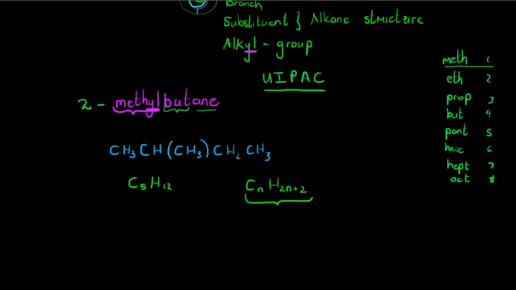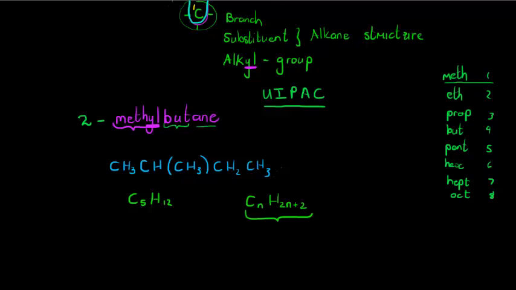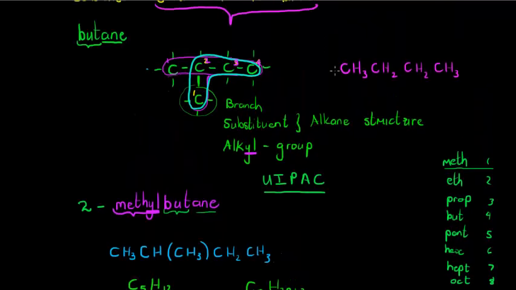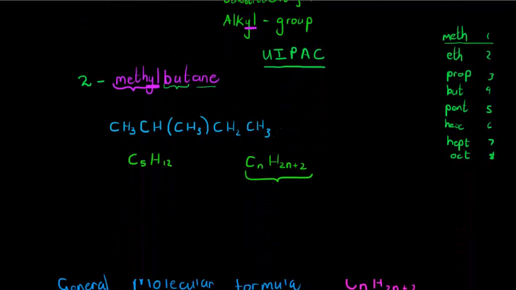Now I did mention before that the moment I were to add this one to number 1 or number 4, I would simply be extending the chain. This now would just become a pentane instead of a butane with a methyl branch to it.